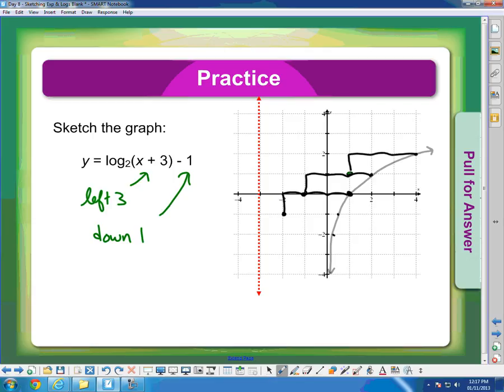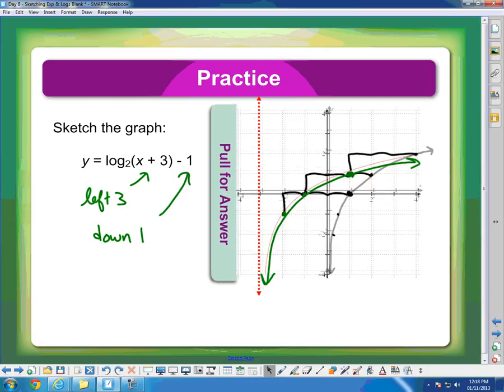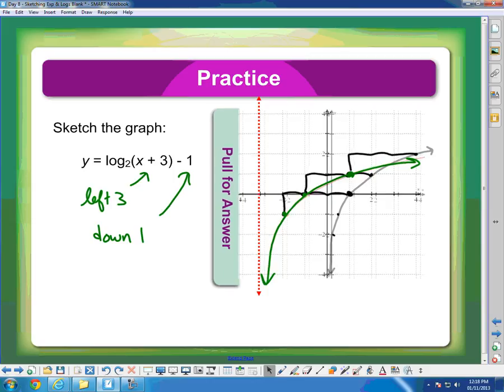And I see then I've got this spot, and this spot. And it comes close to the asymptote, so I'm going to draw this. And if we check, we see that red graph is pretty much right on my green graph.